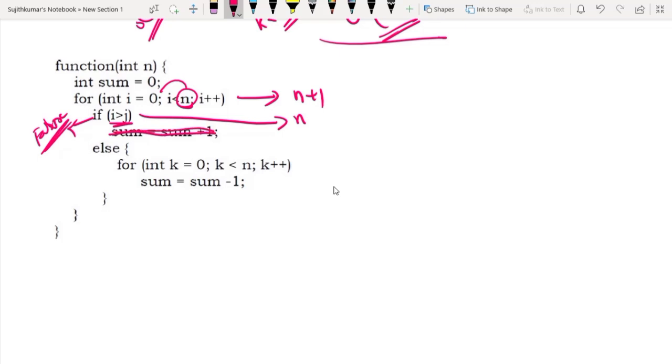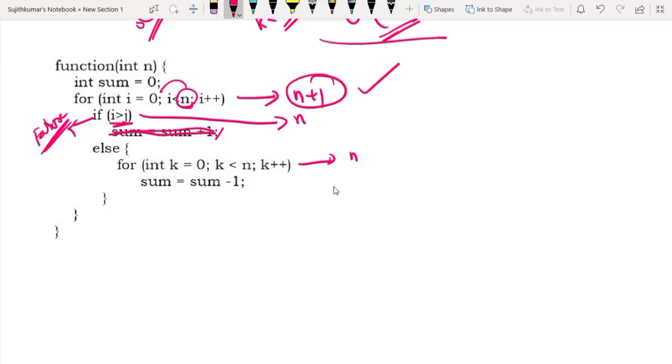If this condition is false for every iteration, then the if part will not be executed, so let me erase it. Only the else block will be executed, but that is okay because this is a single statement and won't contribute much to the time. But here there is a loop. This will execute for n plus 1 times, sorry, n times, since I'm just considering the outer loop.